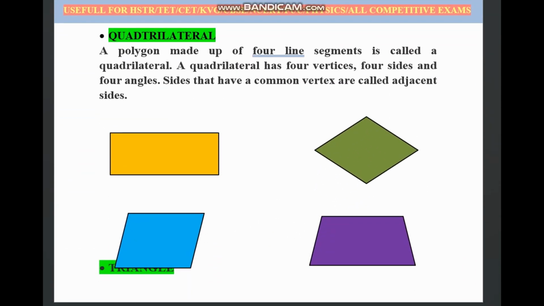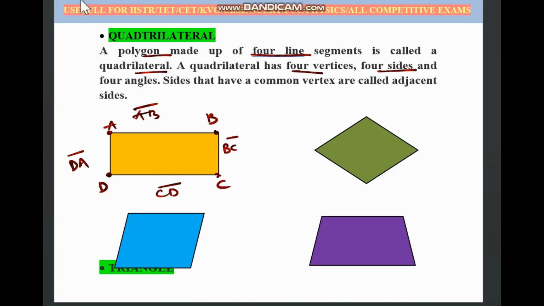Next we have a quadrilateral. Any polygon having four line segments is called a quadrilateral. A quadrilateral has four vertices and four sides. If A, B, C, D are the four vertices, then the four sides are AB, BC, CD, and DA or AD.